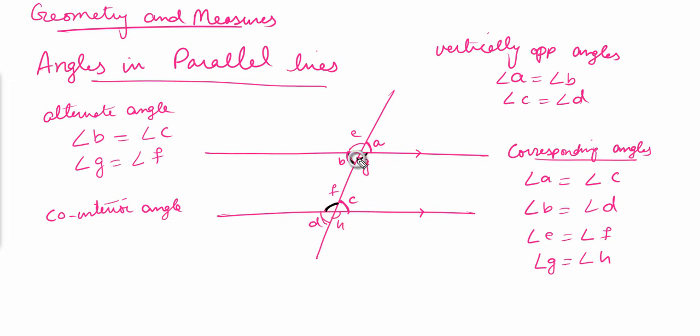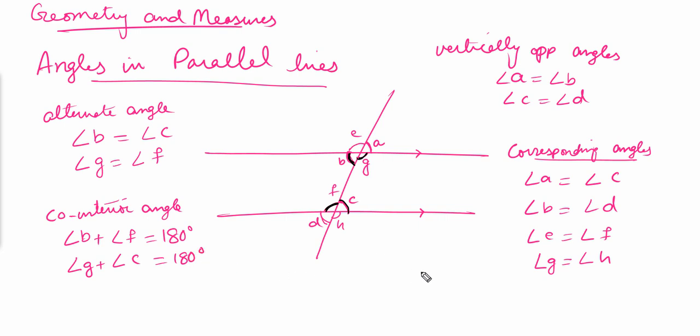Also angle G and angle C are co-interior angles. So the sum of the co-interior angles is equal to 180. They add up to 180. So angle B plus angle F is equal to 180 degrees. Similarly angle G plus angle C is equal to 180 degrees.